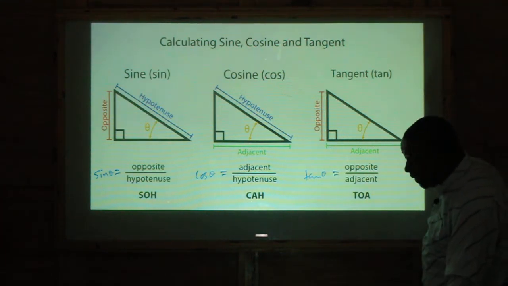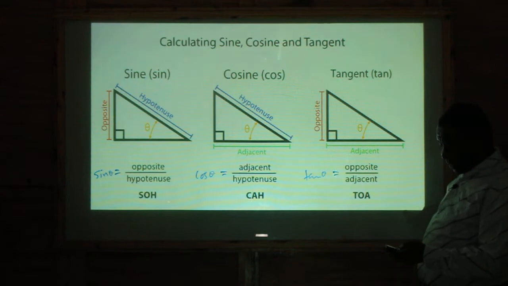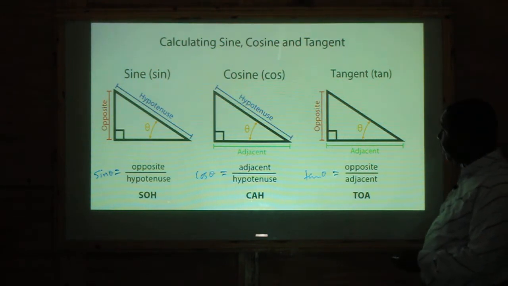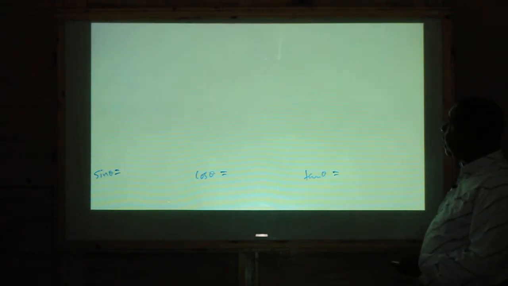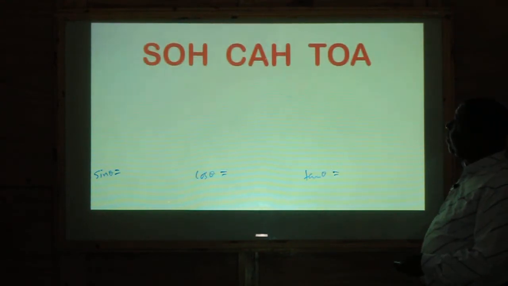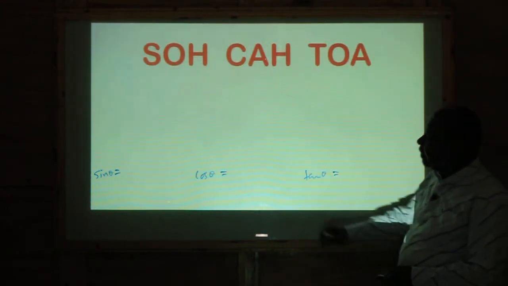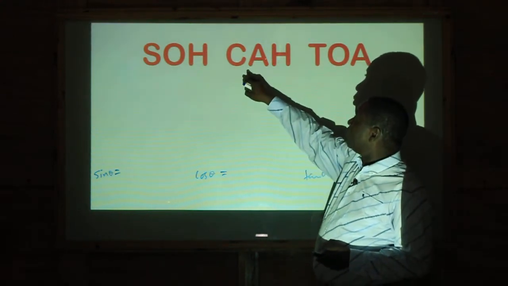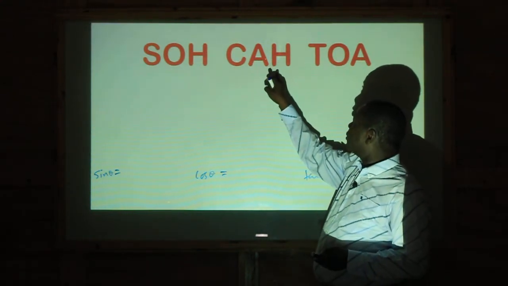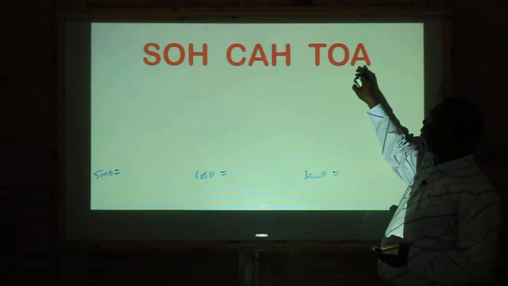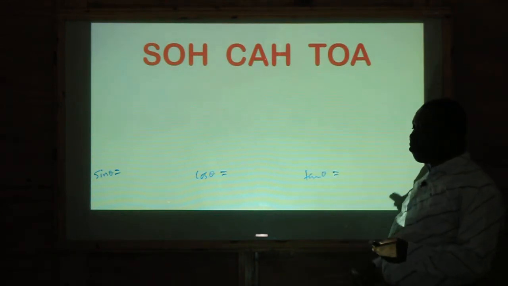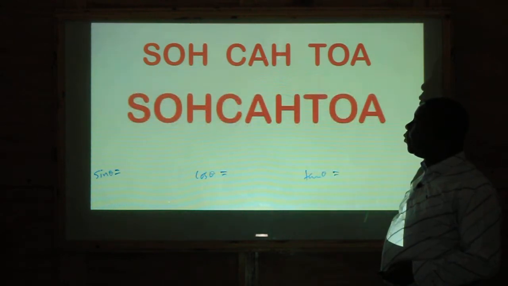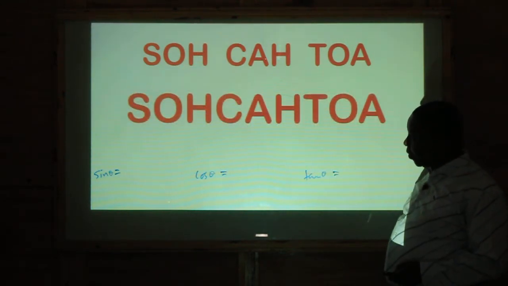Okay? If we join these three words, you can see that we'll end up getting this, which is sine is opposite all over hypotenuse, cosine is adjacent all over hypotenuse, and tan is opposite all over adjacent. If you combine all those letters, you will have a word we call SOHCAHTOA.